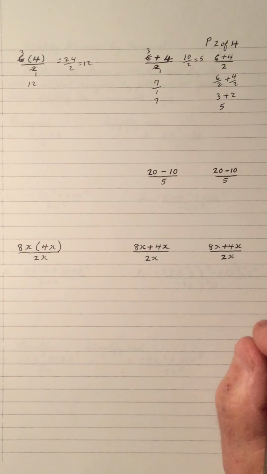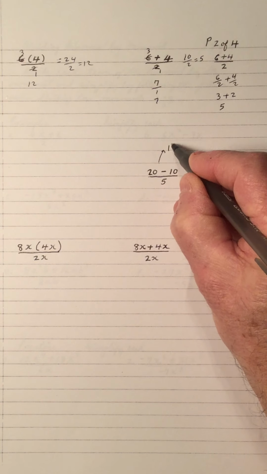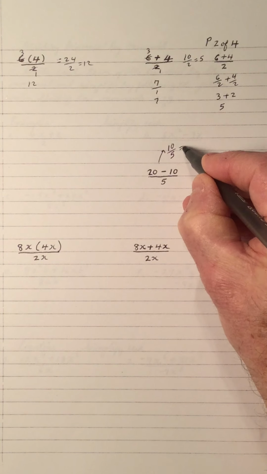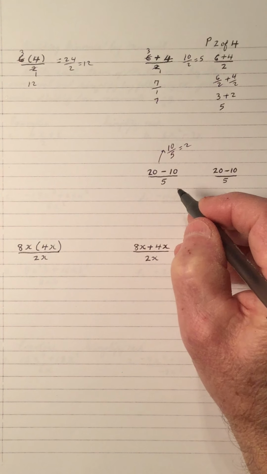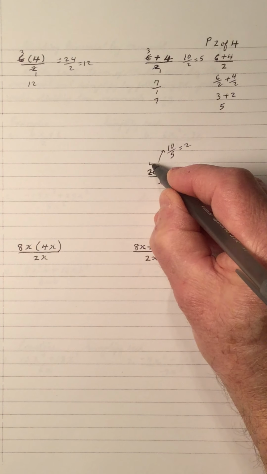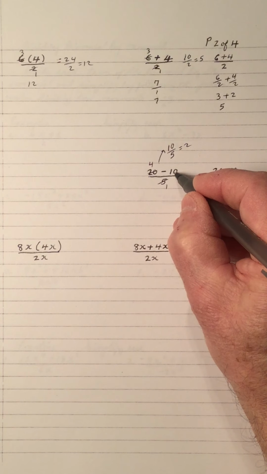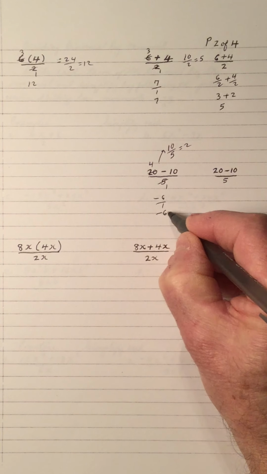To illustrate that again, notice that in this problem the top is 10, the bottom is 5, so I get a 2. So that's 10 over 5, which is 2. But if I do the 5 into the 20, I get 4, and I don't put it into the 10, I'll get a negative 6 over 1, which is a negative 6.